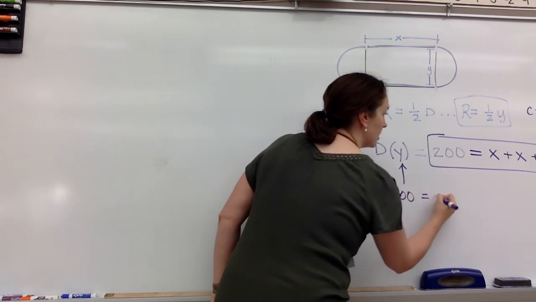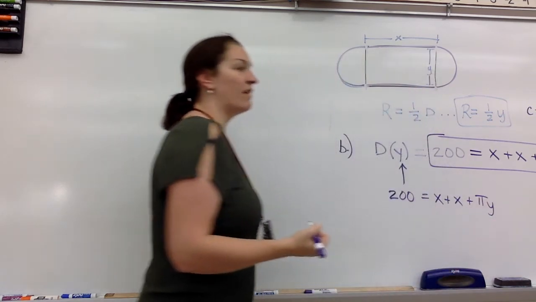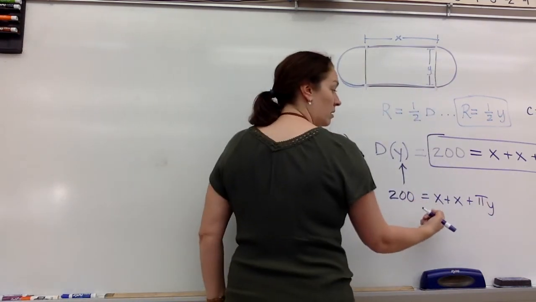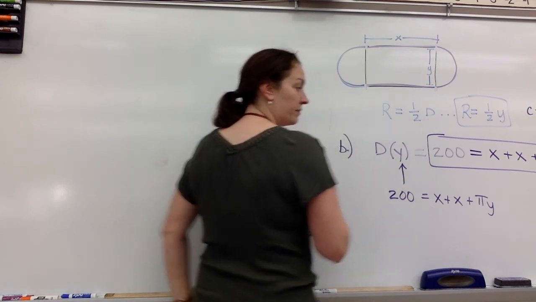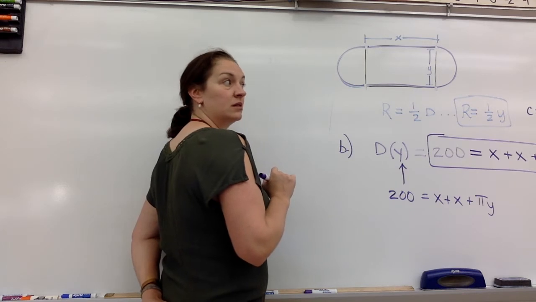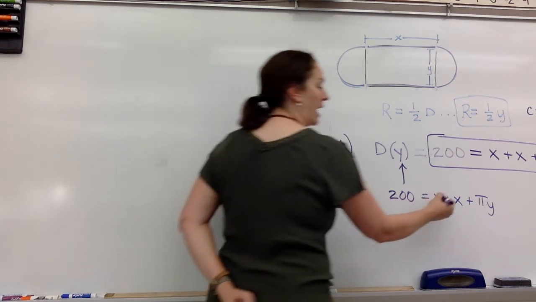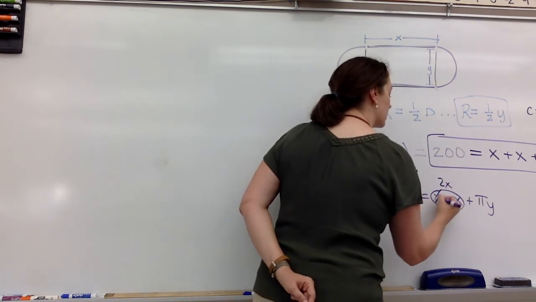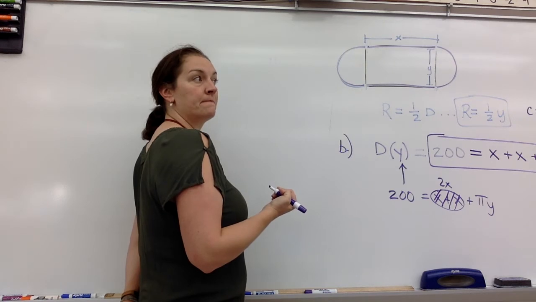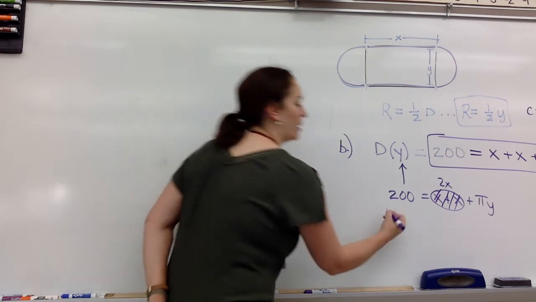200 is equal to 2x plus pi times y. Where we solve out for what variable? Y. So, how do I do that? Now we're talking about PEMDAS, solving for variables. Okay, combine my x's into 2x. So I've got 2x plus pi y. Now what? Bring over the 2x.